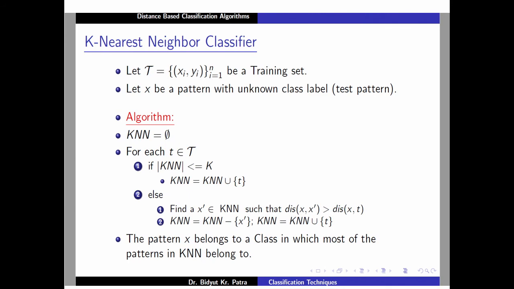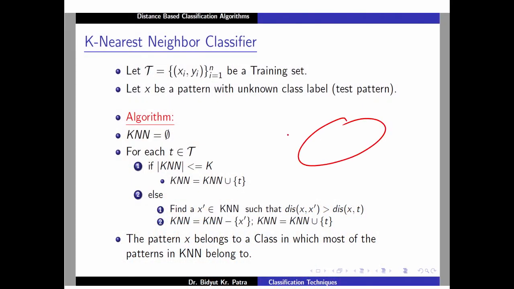The idea is very simple. I will explain it in detail maybe in the next class, but here I will tell you the idea. In the earlier slide I said you find the closest point. Instead of finding the closest point, you find the k closest points, and you see the class distribution among the k points only.